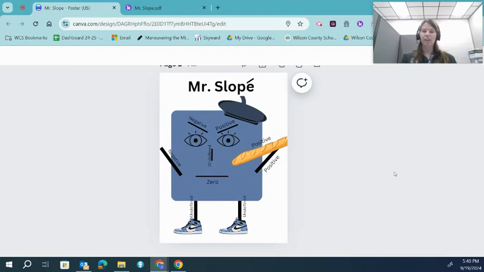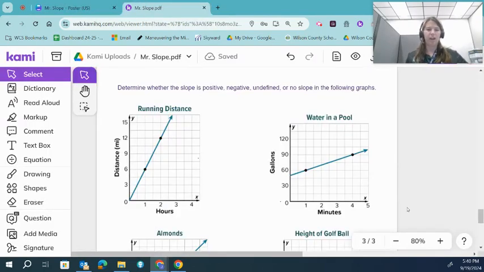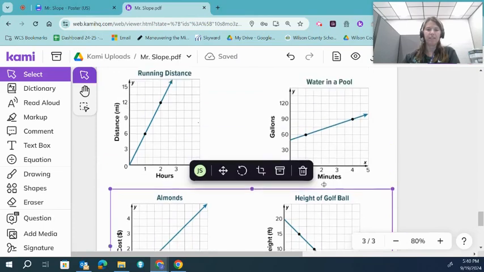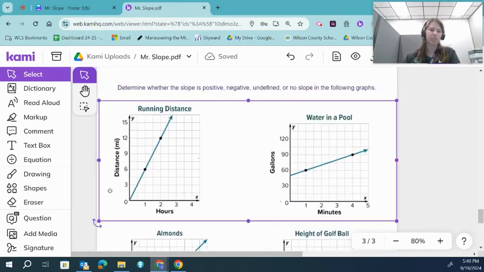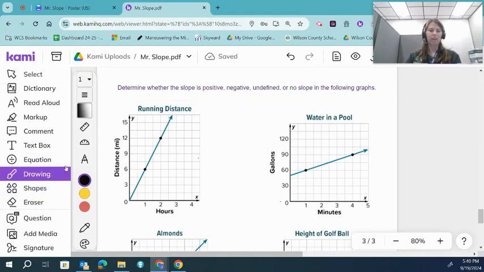Now, in the graphs below, we are going to determine whether our slope is positive, negative, zero, or undefined. So this first one, from left to right, is going uphill, so this is going to be a positive slope.